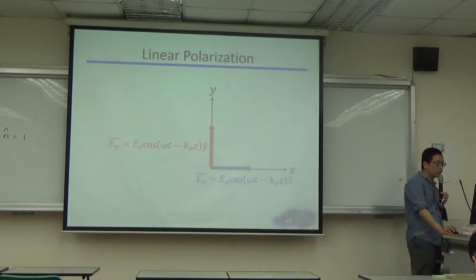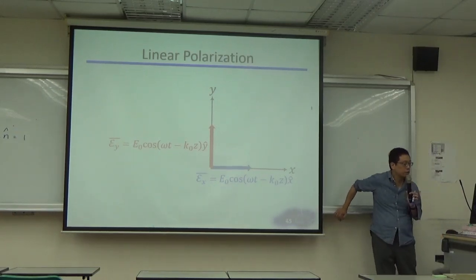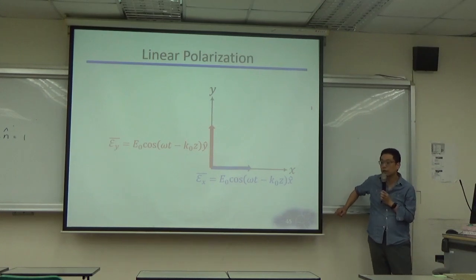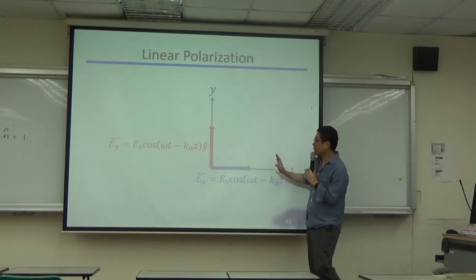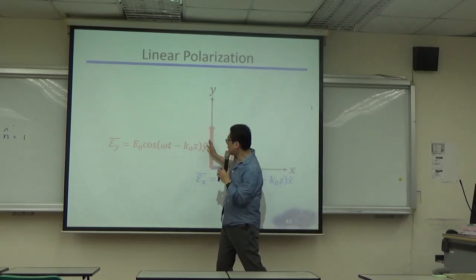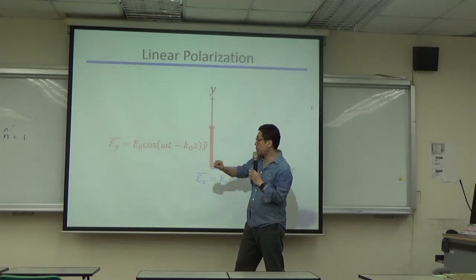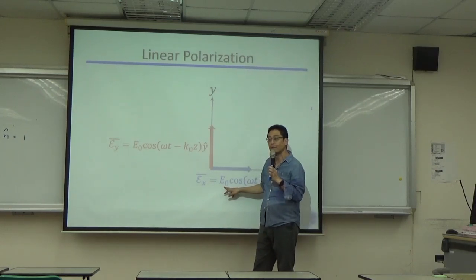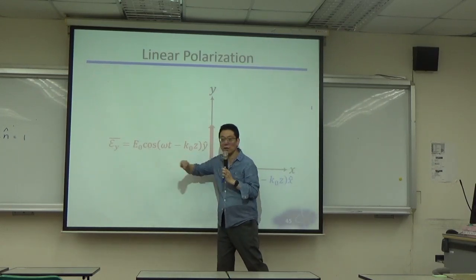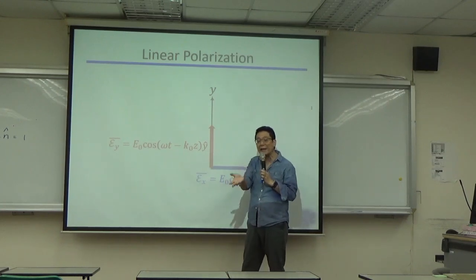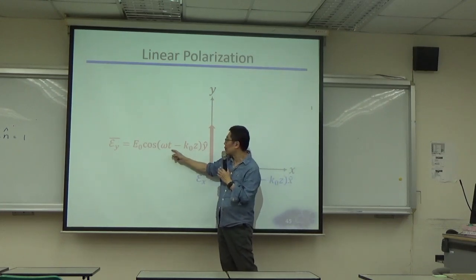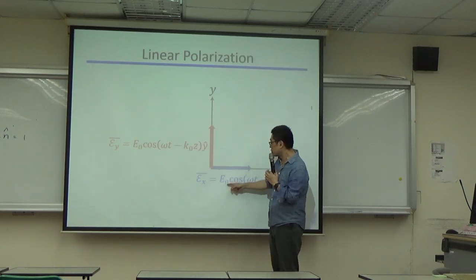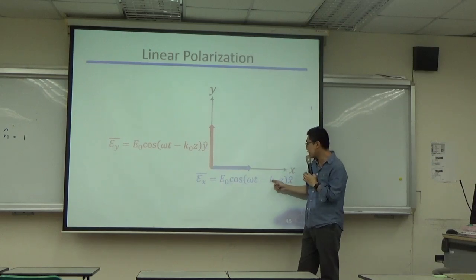This is an example of linear polarization, because these two electric fields have the same magnitude, maybe 20 and 20, and for this part they are also the same. For linear polarization, cosine(omega t minus k0 z) equals cosine(omega t minus k0 z).